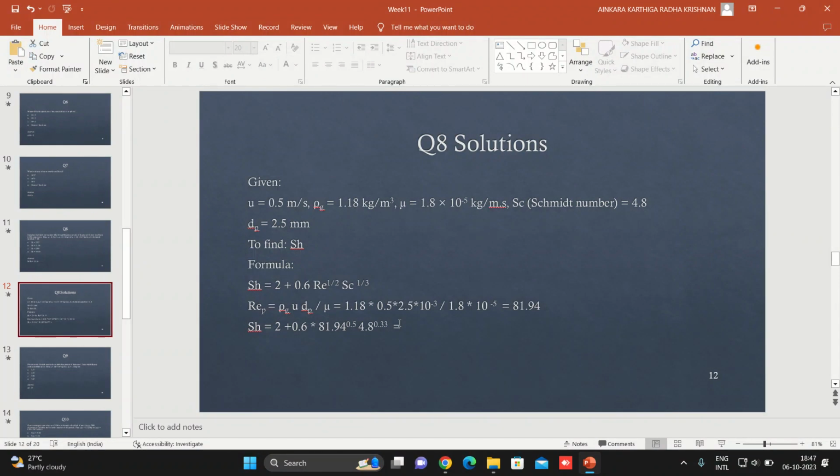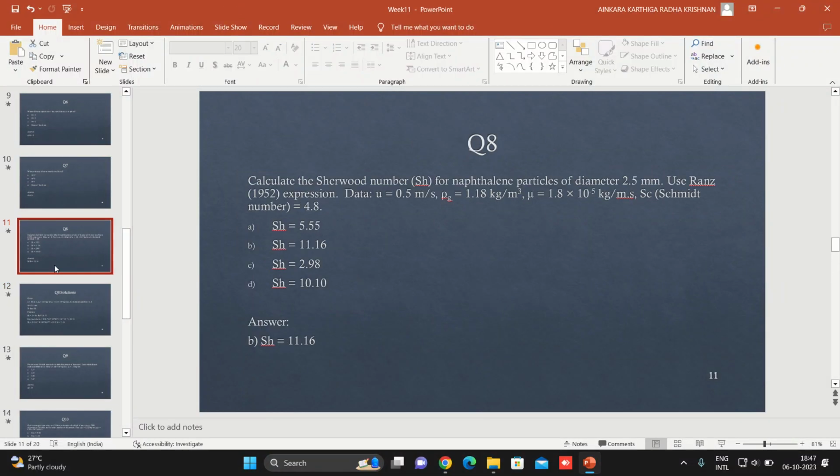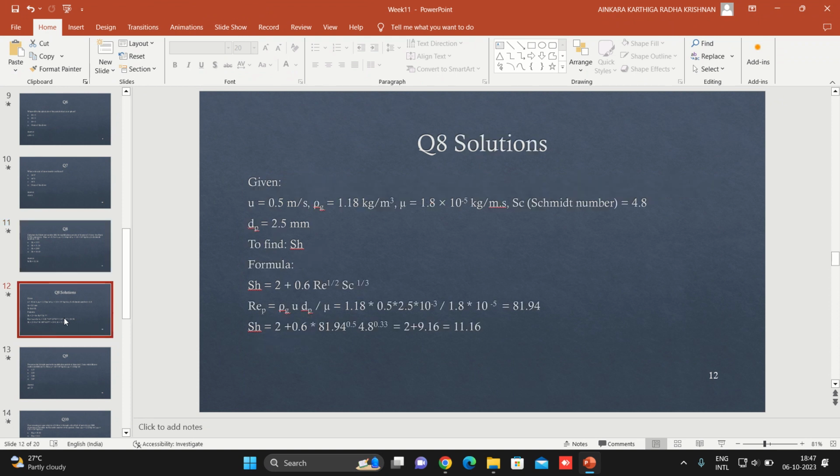So actually the answer is 2 plus 9.16, which is nothing but 11.16. So the answer is 11.16, and option B is the right answer. I hope this is clear. If there is any doubt, please ask, or else we'll move to the next question.